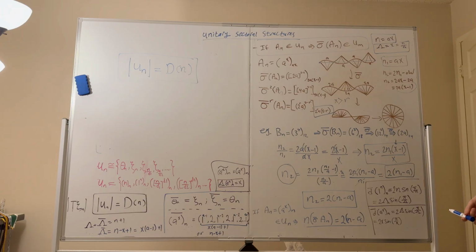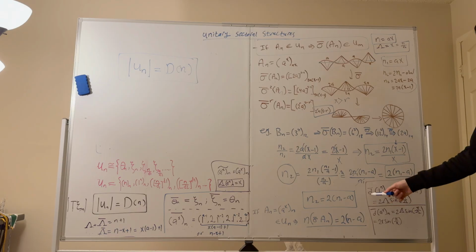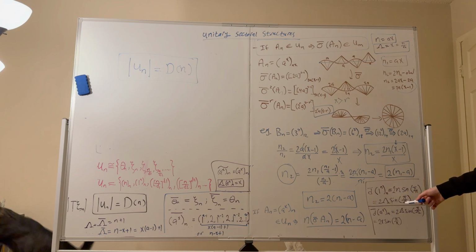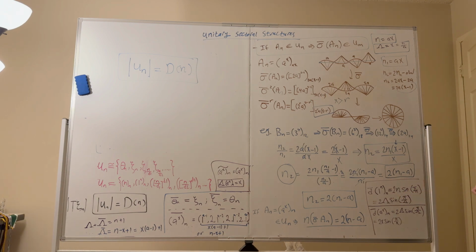We've seen this before. However, we also know that in this case, we can replace n by lambda because the degree and order are equal. And this gives us the diagonal is equal to 2 lambda sine of pi divided by lambda.